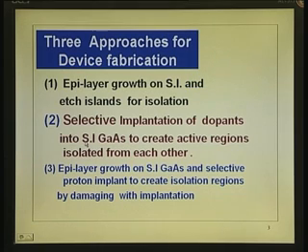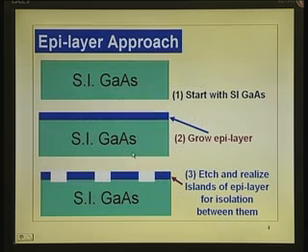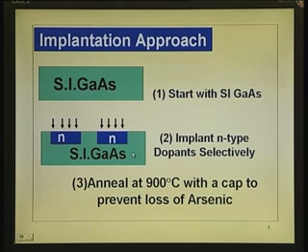Selective, that is the second approach, is selective implantation of dopants into semi-insulating gallium arsenide to create active regions isolated from each other. Let us take a look at the diagram. That is the second approach, what we just now read. Semi-insulating substrate, mask all other portions except these regions.